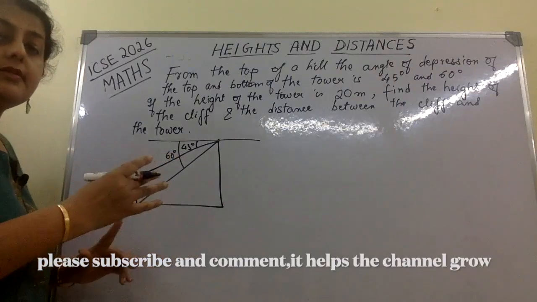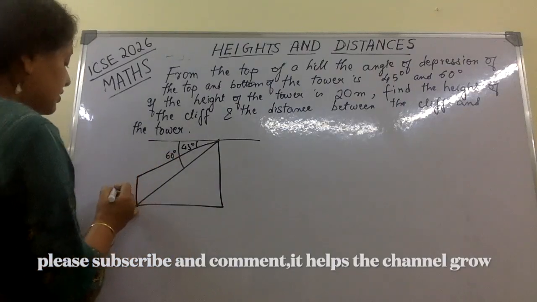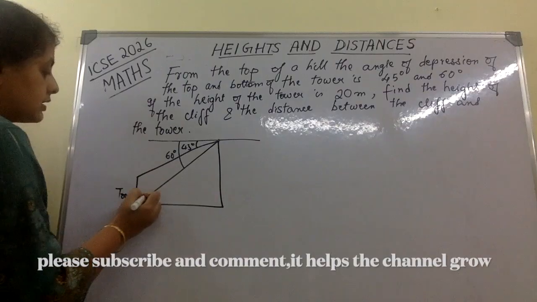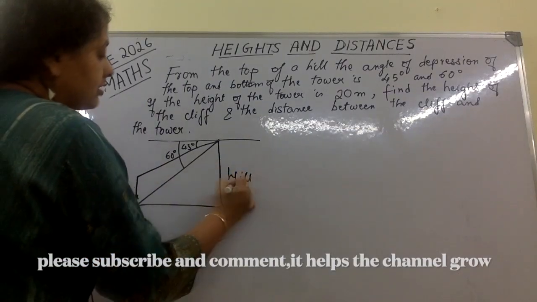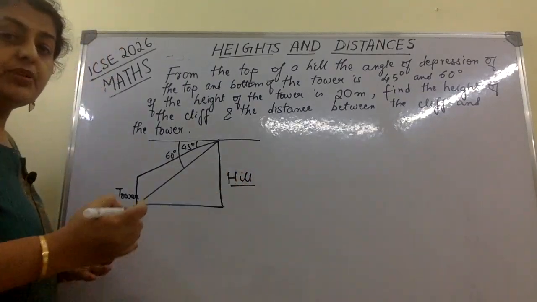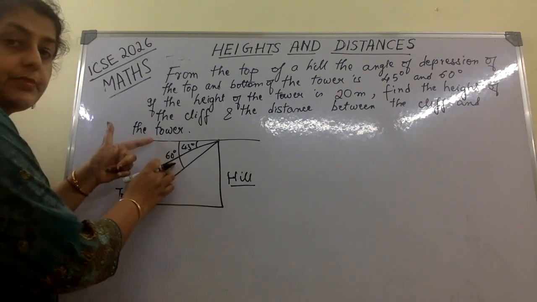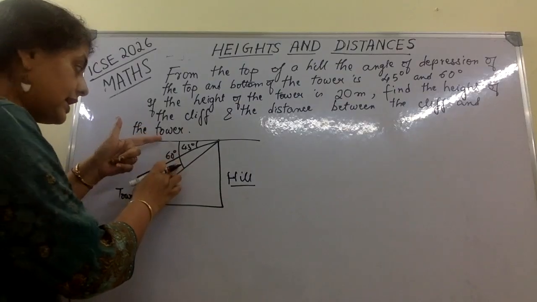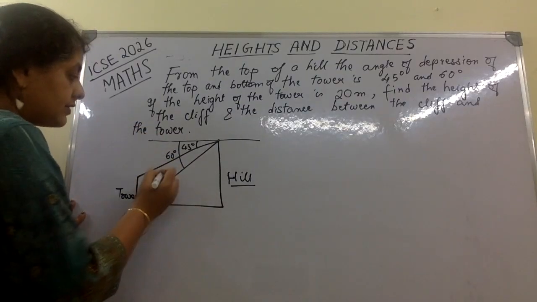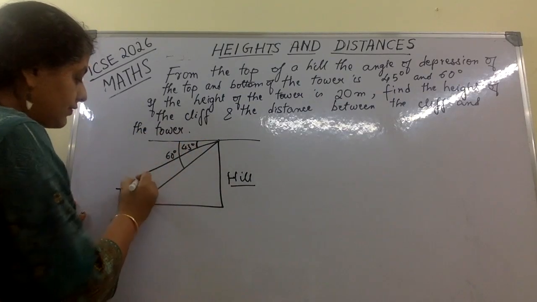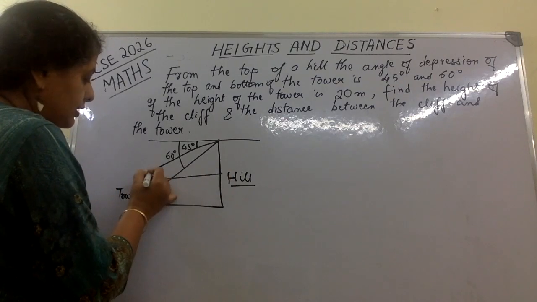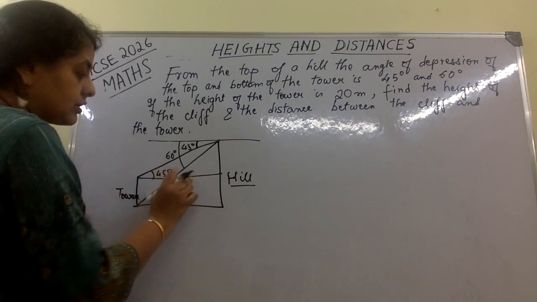Now the problem that arises here, and why I took up this question: this is the tower, here is the hill. Don't try to do the sum keeping the angle of depression over here. If this is the angle of depression, please bring it down. This was 45, so this will be 45 because this is also a horizontal line.